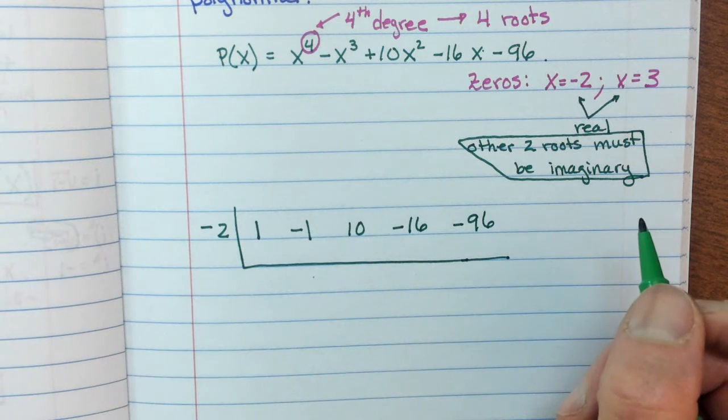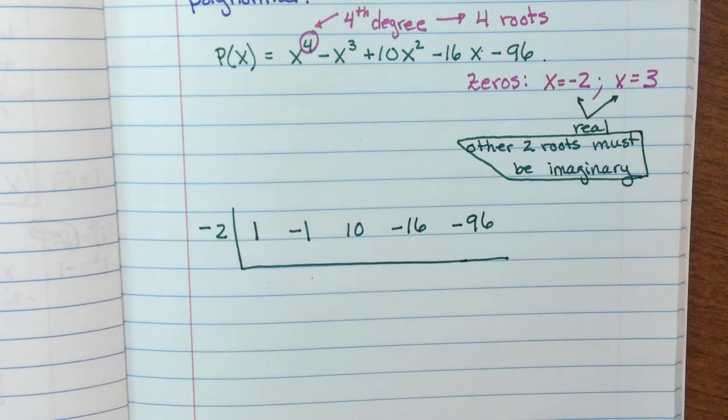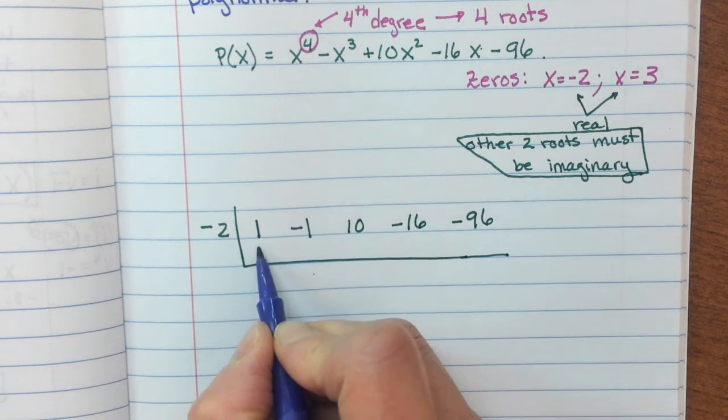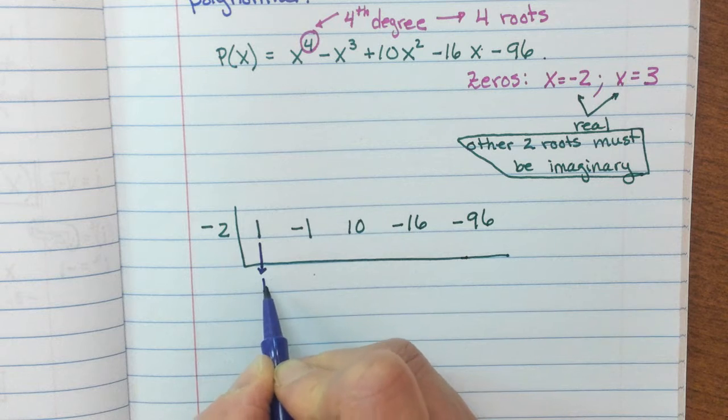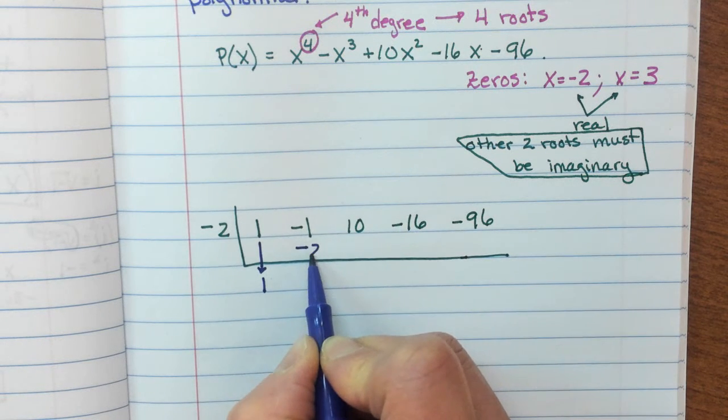Okay, so let's remember the process here. So what are we going to do? We first bring down that 1. Then we have -2 times 1, which is -2.